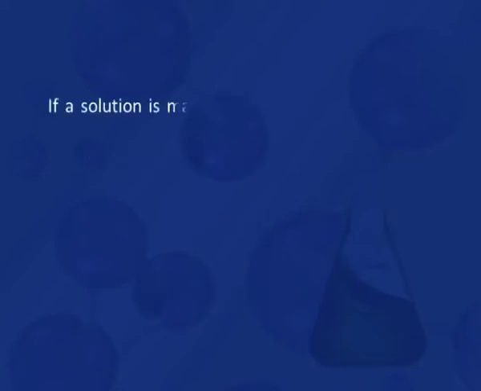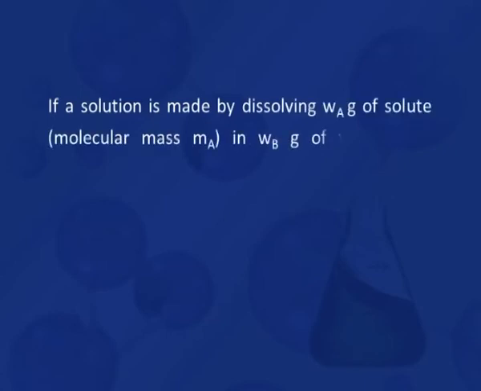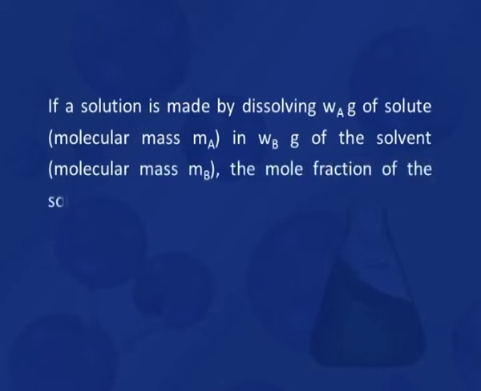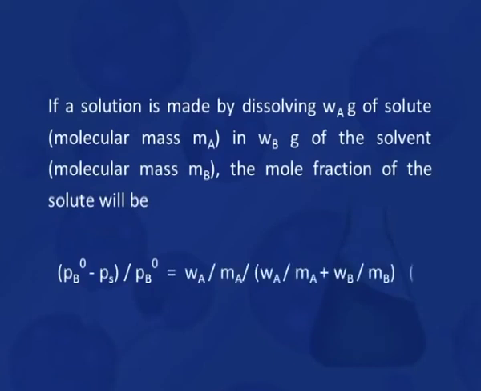If a solution is made by dissolving Wa grams of the solute in Wb grams of the solvent, with Ma as the molecular mass of the solute and Mb as the molecular mass of the solvent, then the number of moles of solute will be equal to Wa upon Ma and the number of moles of the solvent will be equal to Wb upon Mb.